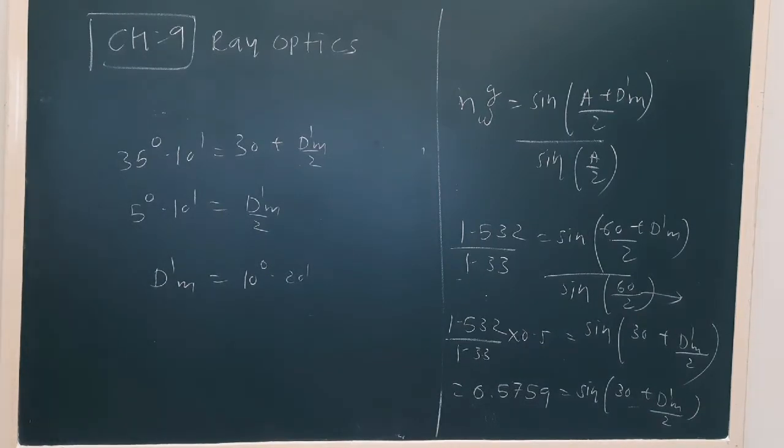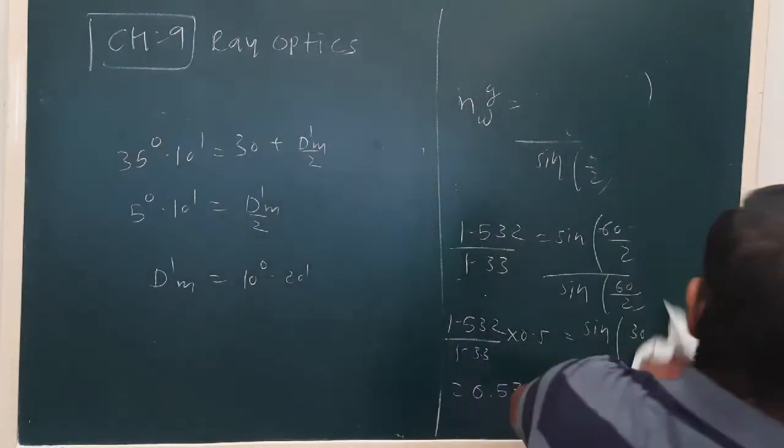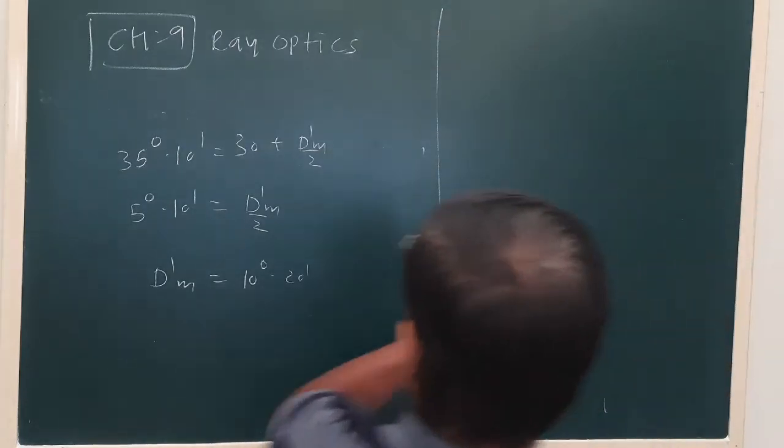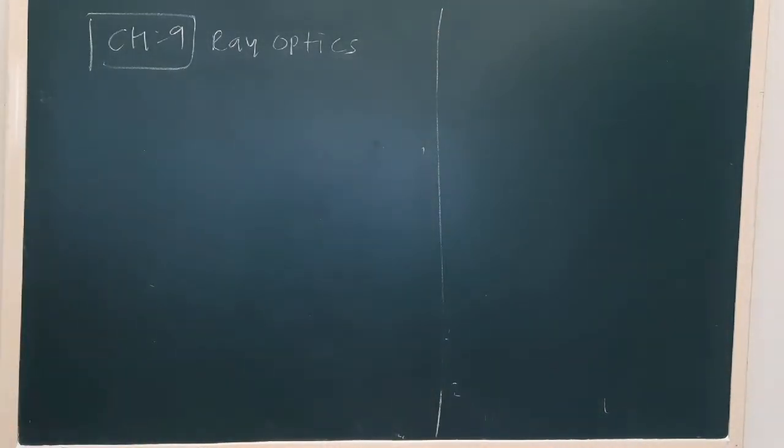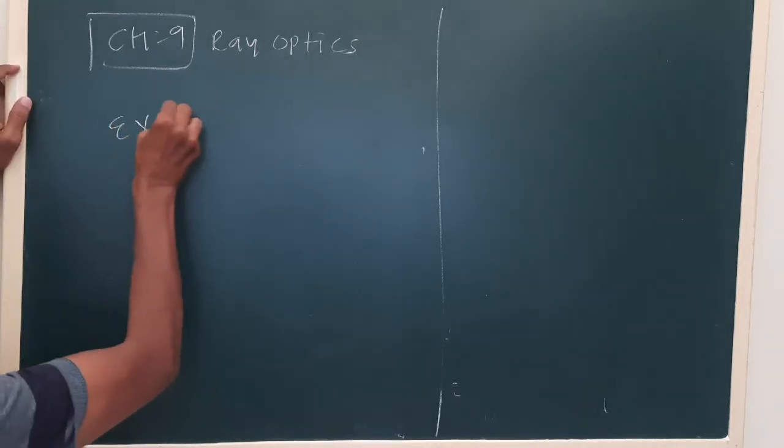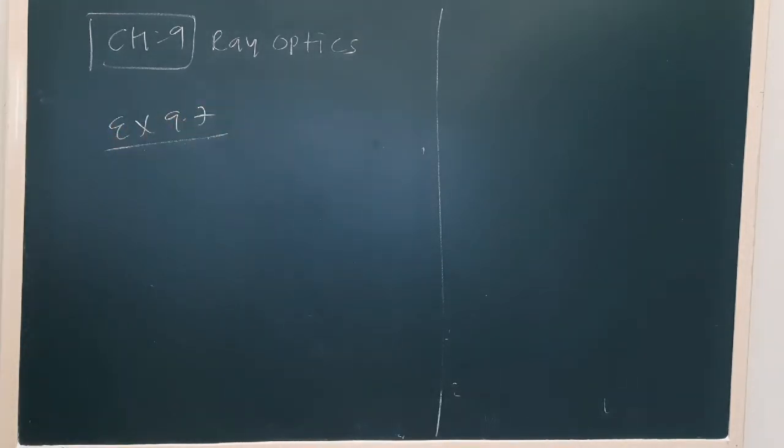Now this is about exercise number 9.6. Now see, next is exercise number 9.7. Now see, a biconvex lens.